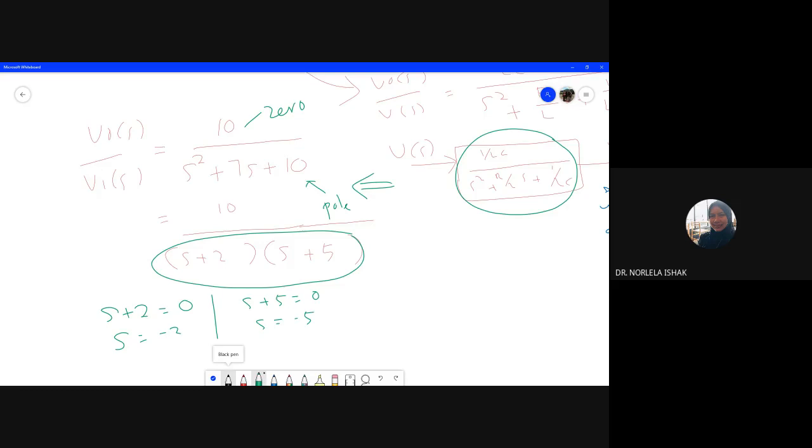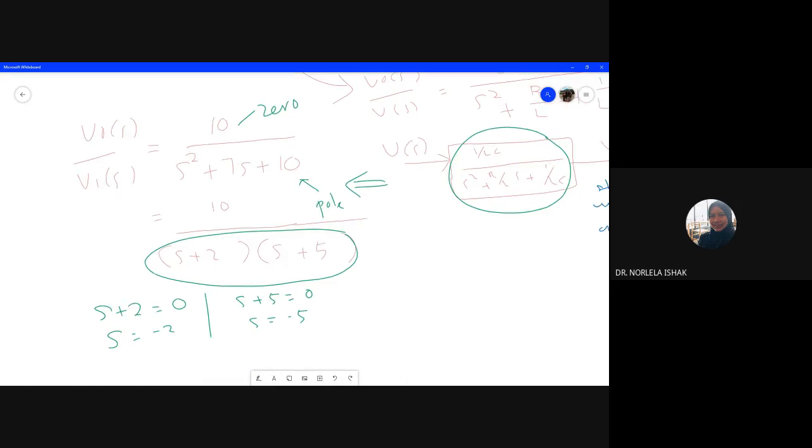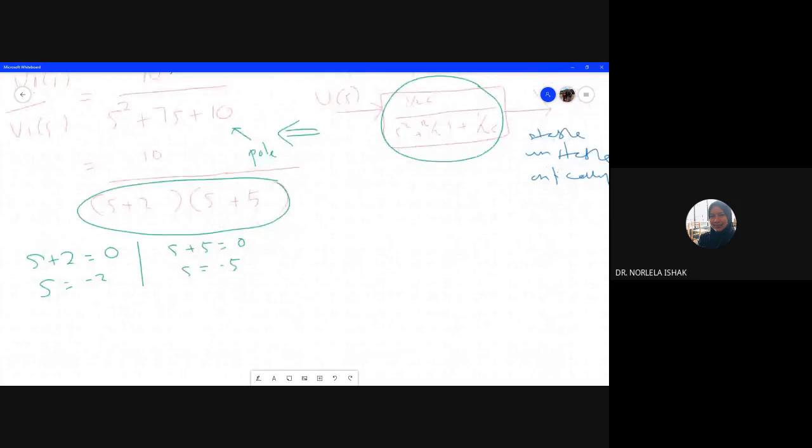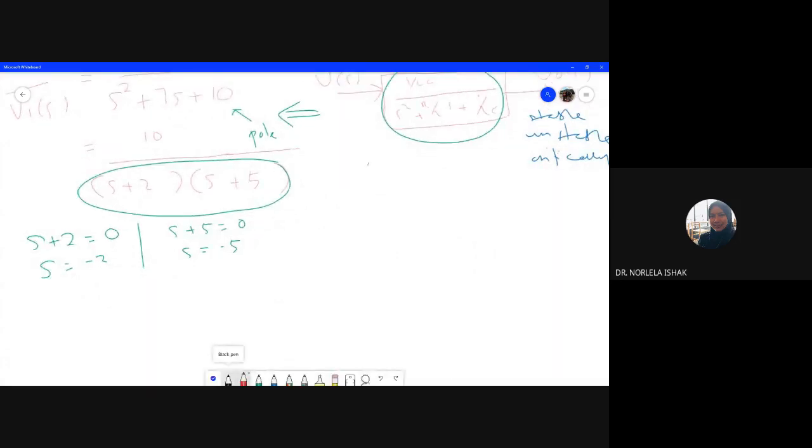Okay, so how to define the stability? You draw into the S-plane. How to draw into the S-plane? Okay, this is j omega. Sorry, this is imaginary.